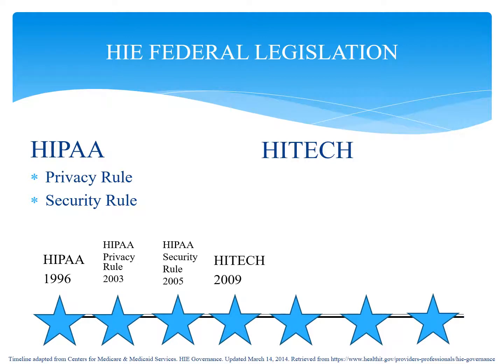The HITECH Act, or the Health Information Technology for Economic and Clinical Health Act, was developed and initiated in 2009 and introduced the concept of meaningful use of electronic health record information and also addressed information technology related to Medicare and Medicaid. HITECH aims to improve the quality of patient care, address health care-associated infections, and reduce health disparity-related gaps in care.